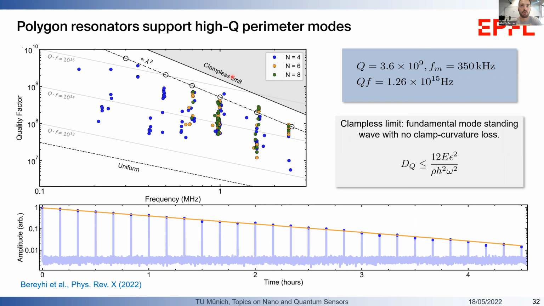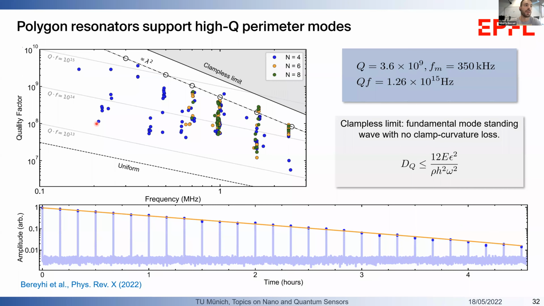The clampless limit, I should clarify, is the limit of an idealized sinusoidal standing wave that you would have if you had totally zero clamping point curvature. That case cannot be recovered in real nanomechanical oscillators, because you always have a strong clamping point curvature due to having to respect clamped boundary conditions.